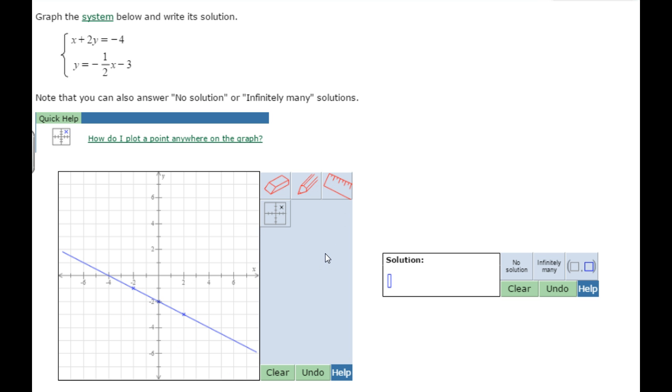We'll go ahead and graph the second equation, which is y equals -1/2x minus 3. So like I said before, we are allowed to plug in different values of x of our choice. I'll pick x equals 0, and then again, when x is 0, y is -3.